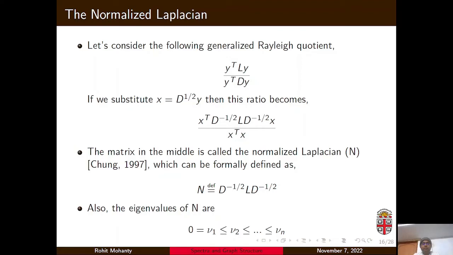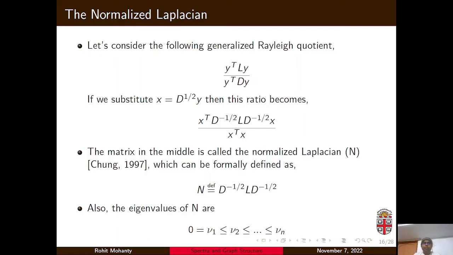Now this matrix in the middle is called the normalized Laplacian, which we can formally define as N equals D to the power minus 1 by 2 L D to the power minus 1 by 2. Here L is the Laplacian matrix. Also, the eigenvalues of N are nu1 to nu_n, where nu1 is the smallest eigenvalue and nu_n is the greatest eigenvalue, and nu1 is equal to 0.